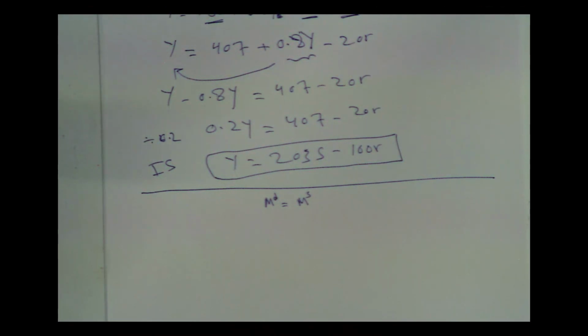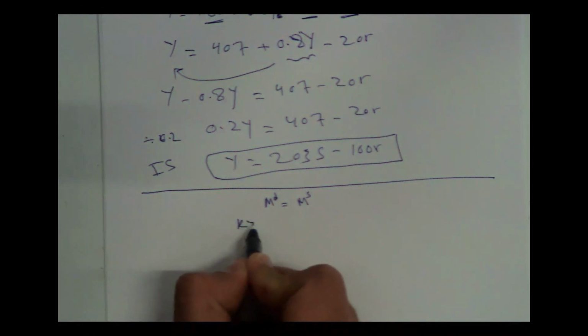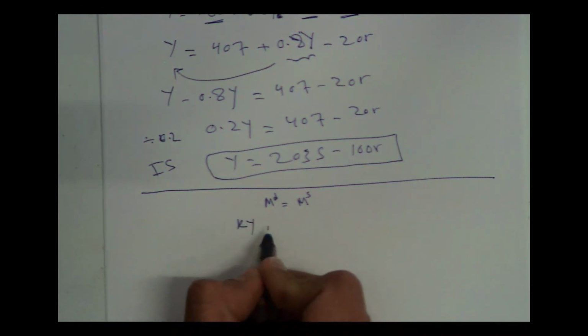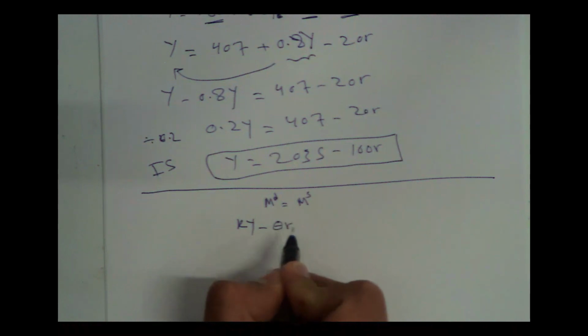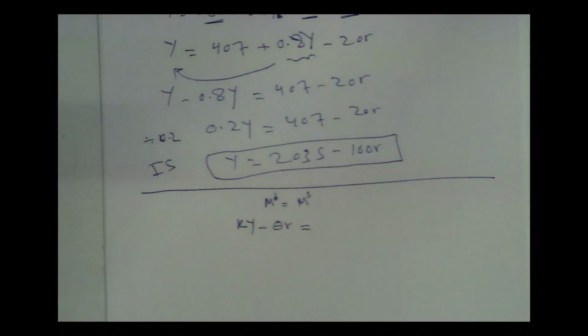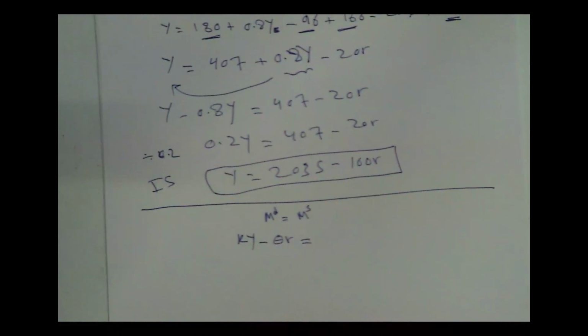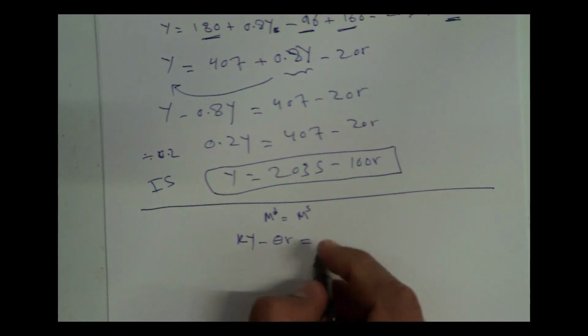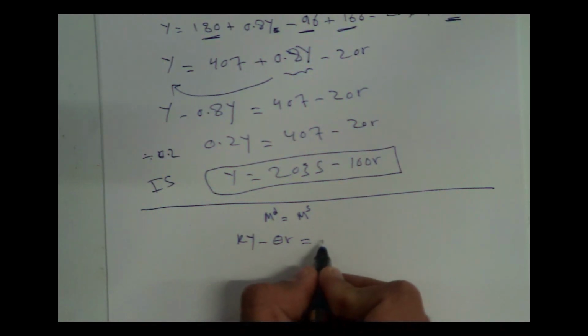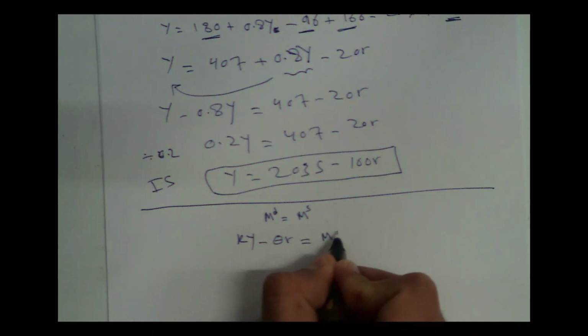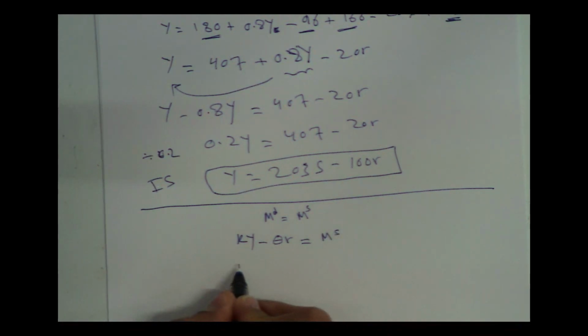We know the money demand function, which is kY minus theta r, equals the money supply, which is given and is constant. So if you remember, this is the money supply, and we're given that already. I'm just going to write this equal to the money supply.